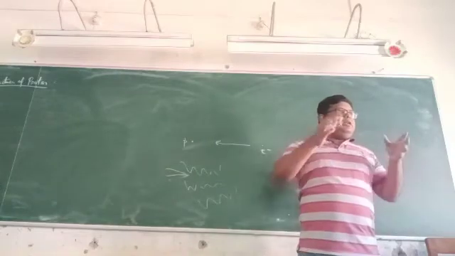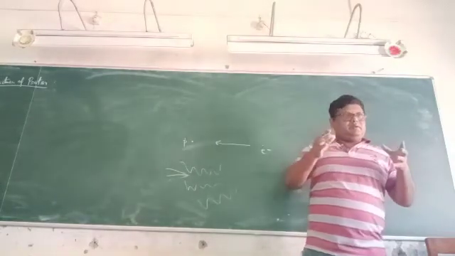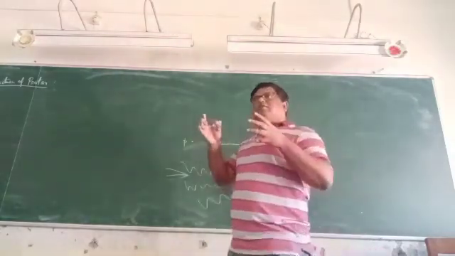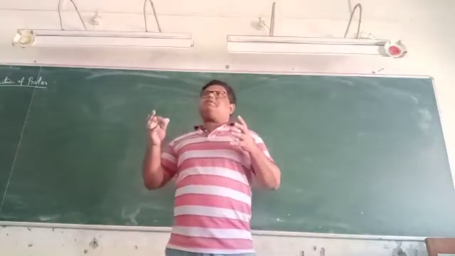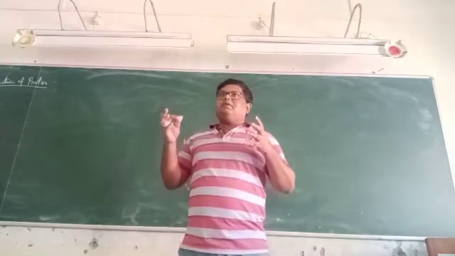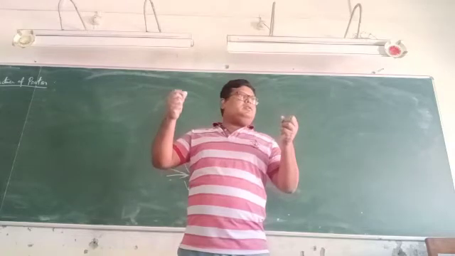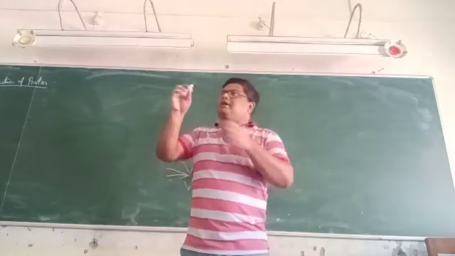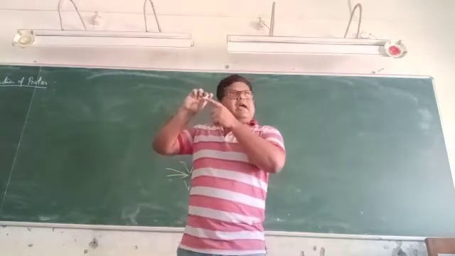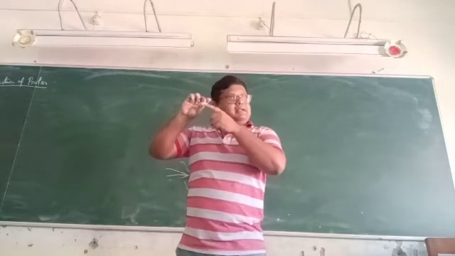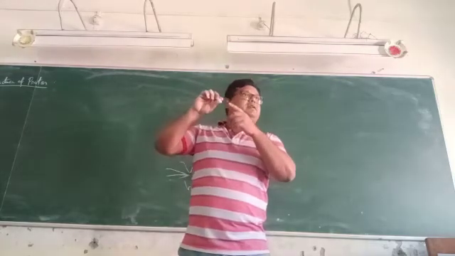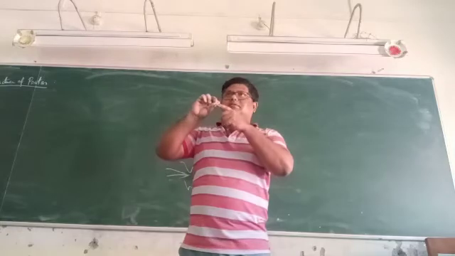See, if the range is not of the order of Fermi, if it is much higher, then what will happen? The different nucleons, inside this chalk we have so many atoms, each made up of different elements, right?